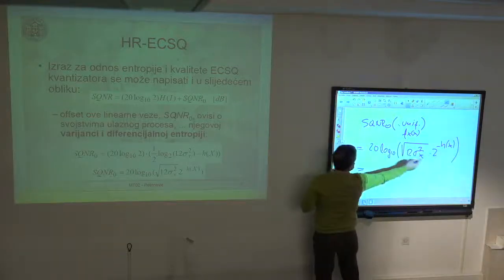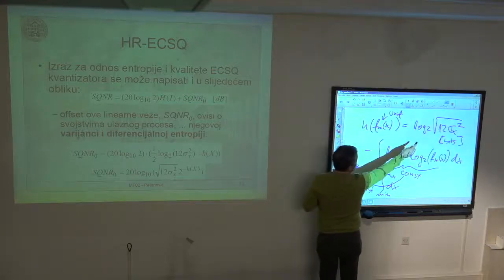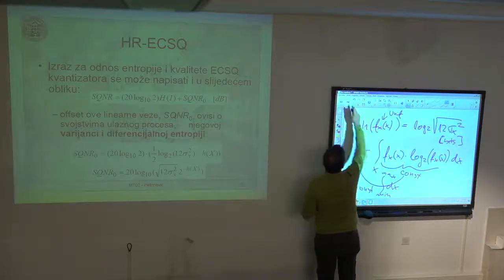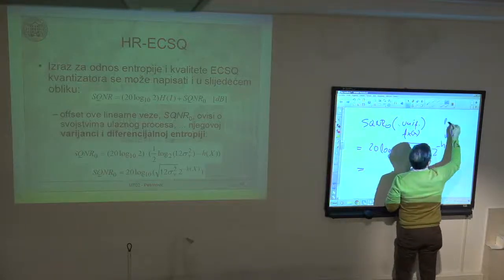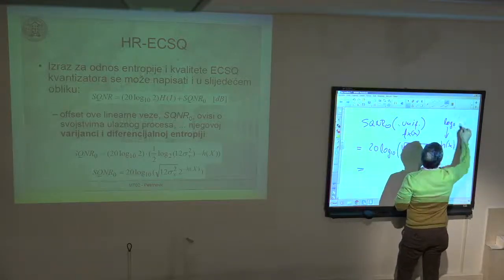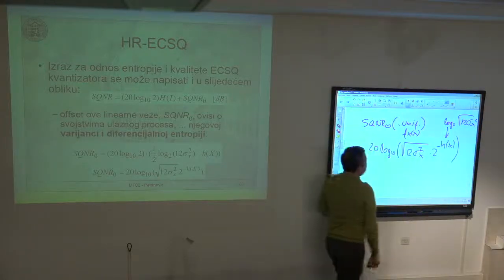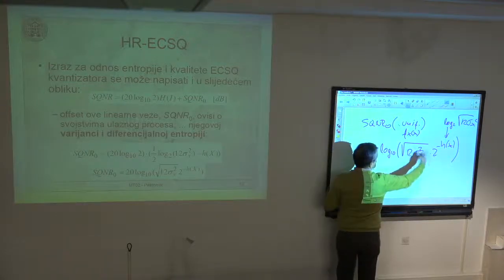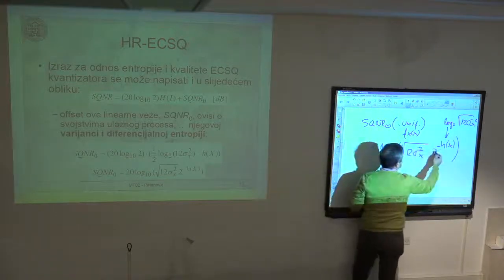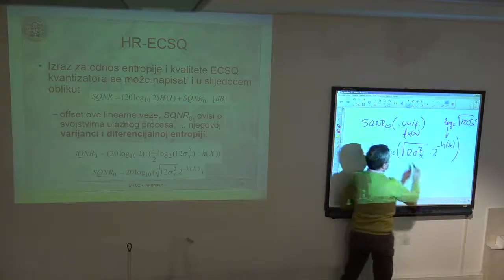And this term here, h(X), was the logarithm of the square root of 12 sigma_x squared. Then obviously these two cancel, because this is 2 to the power of the logarithm base 2 of the same thing.